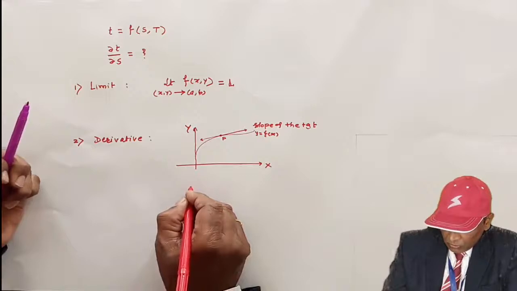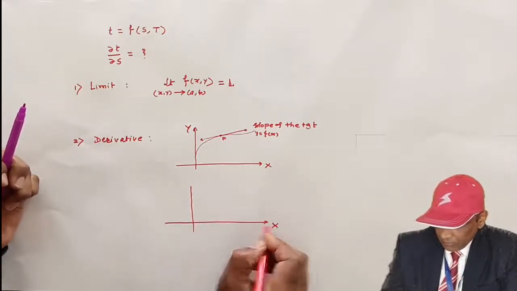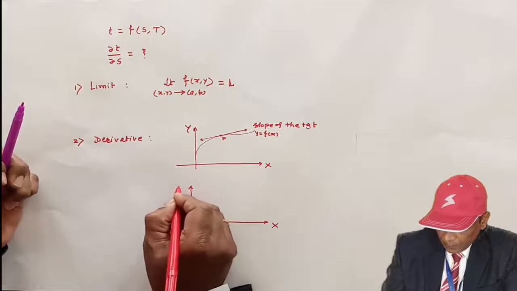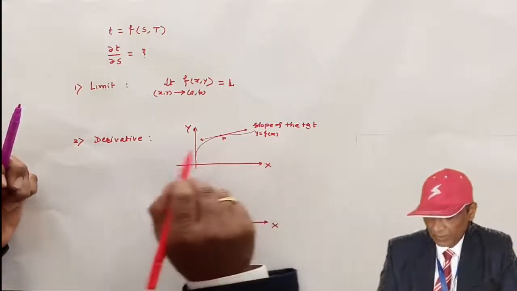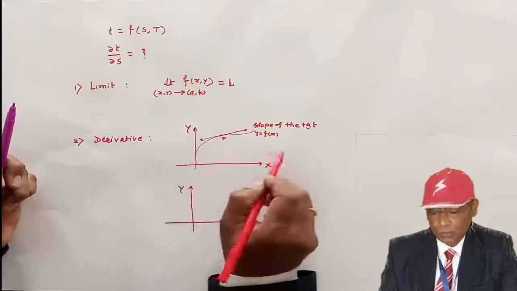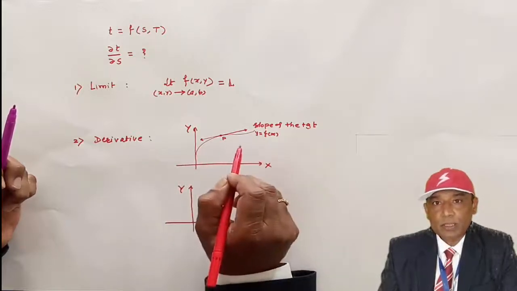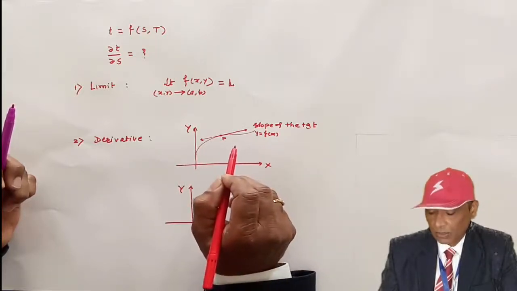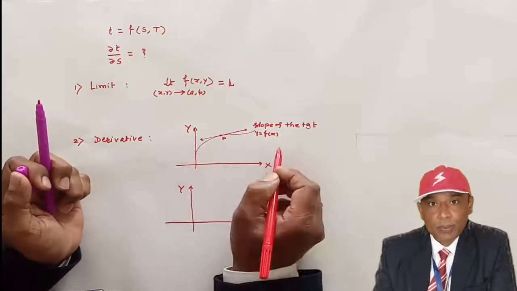Now, this is the x and y axis. If I take a horizontal line, the slope of the horizontal line is 0, because that line has no slope.